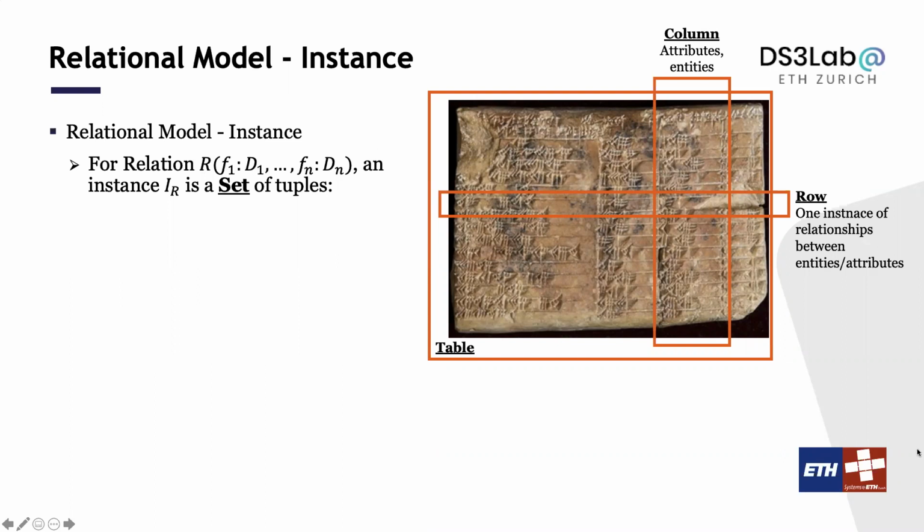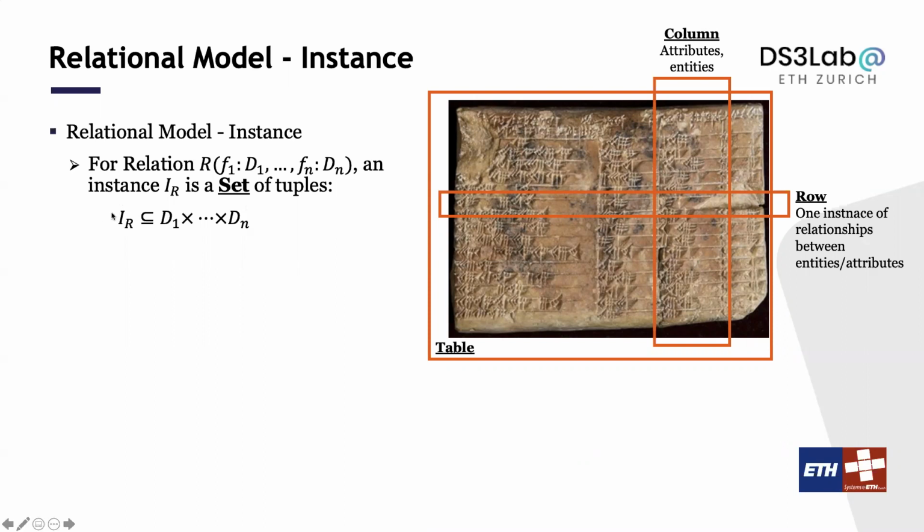And we say an instance of this relation is essentially a set of tuples. Essentially, an instance of a relation, IR, like in this case, is a subset of the cross product of all the attribute domains. Okay? If you take one instance in this cross product, that gives you a tuple, right? So you can think about that as one row in the table.